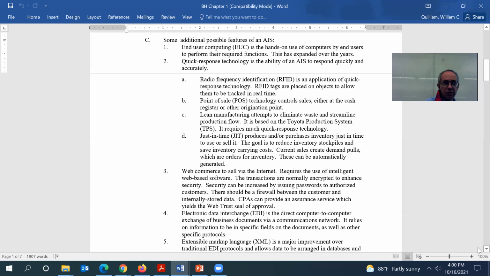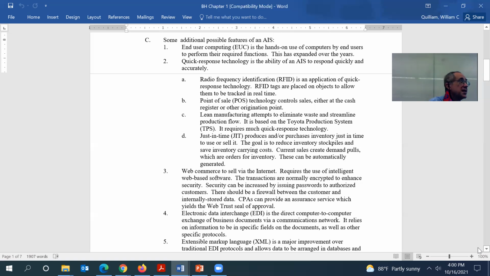Then point of sale technology controls sales, either at the cash register or some other origination point. So point of sale technology, yes, over cash registers, but of course, more and more, if we think about end user computing, oops, I skipped something. Oh, I'll come back to it. Looking there at point of sale technology.